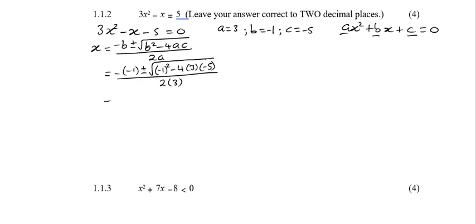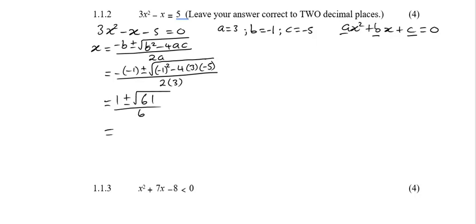Then you punch your calculator, you will find that 1 plus or minus square root of 61, and then all divided by 6 because 2 times 3 is 6.